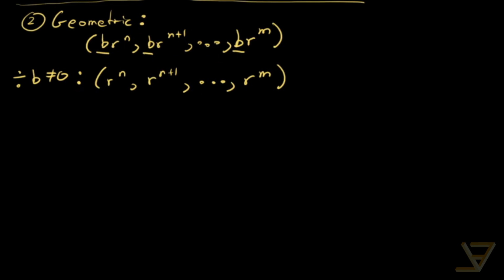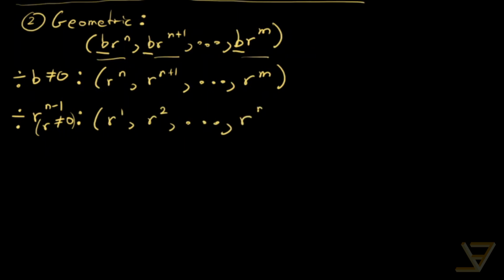Now we're going to divide all the terms by r to the n minus 1. And this is okay because r is also non-zero. If it were 0, then we would have multiple terms that are equal to 0, and that would be unacceptable. So we get r to the 1, r squared, all the way through to r to the m minus n plus 1.